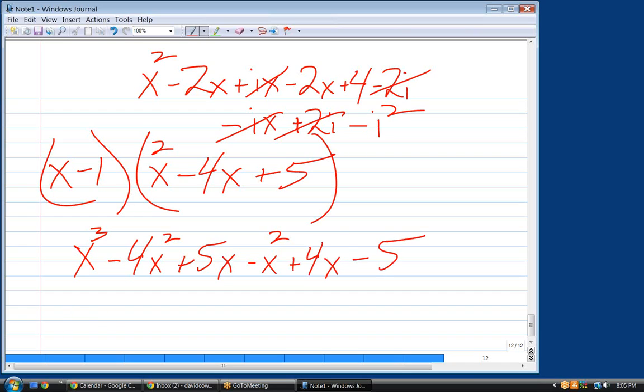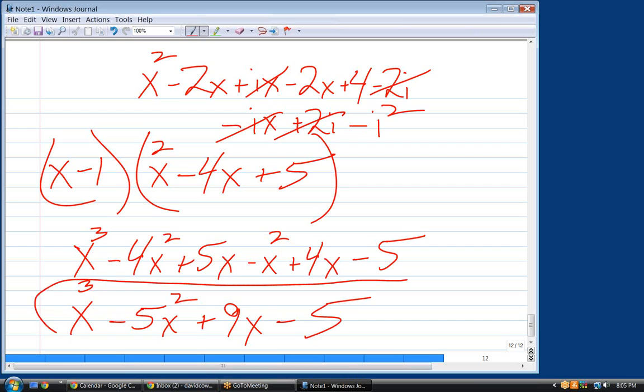Okay. How many x squareds do we have? Negative 5. How many x's do we have? 9. How many numbers do we have? There's your answer.